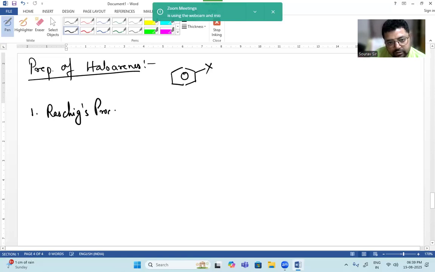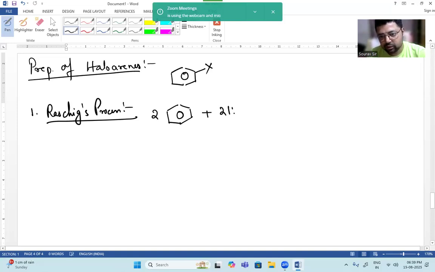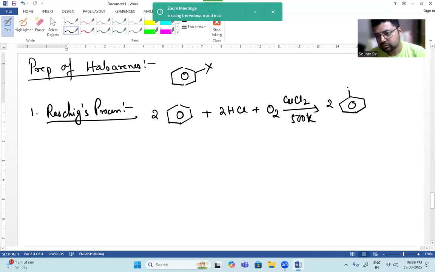It is most commonly used in industries, and you will have two equivalents of benzene, two equivalents of HCl, oxygen, and CuCl2 at nearly 500 Kelvin temperature to give you two equivalents of chlorobenzene along with 2H2O. This is the first process.